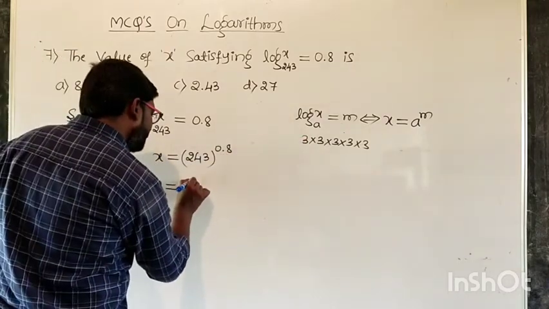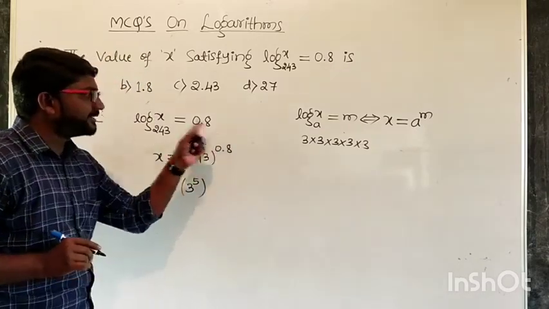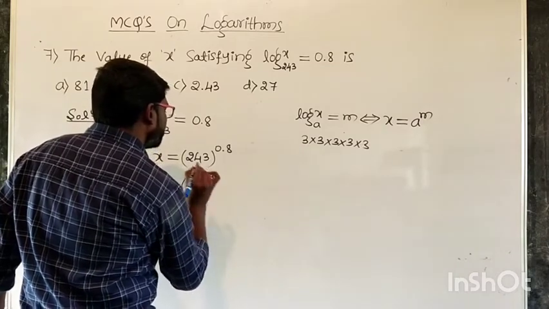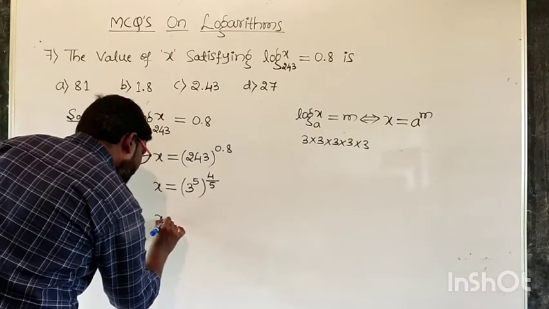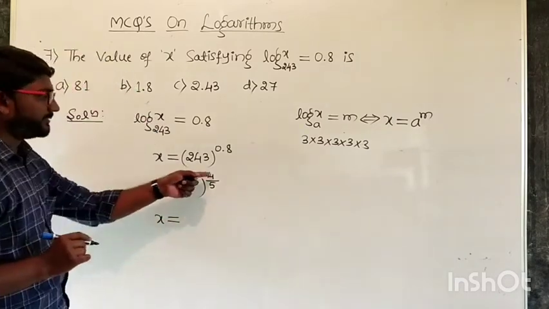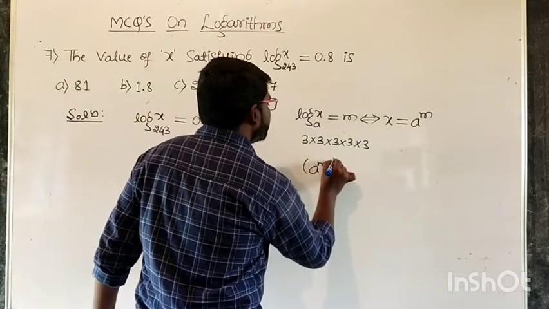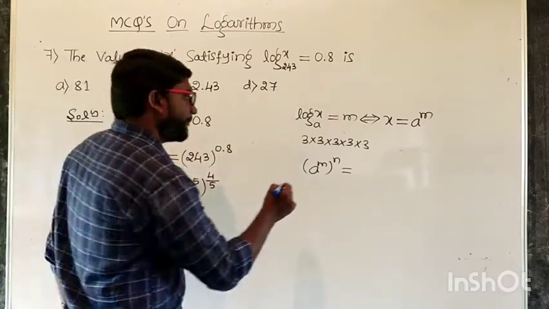So 3 raised to 5, to the power 0.8, which can be written as 4 divided by 5, 4 by 5. Now x is equal to, it is in the form of a raised to m whole raised to n, which is equal to a to the power mn.